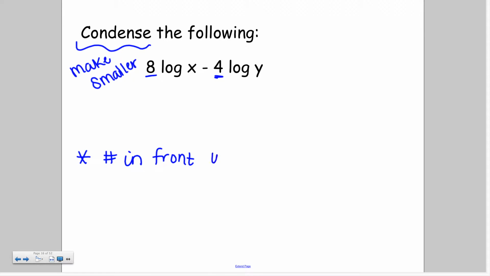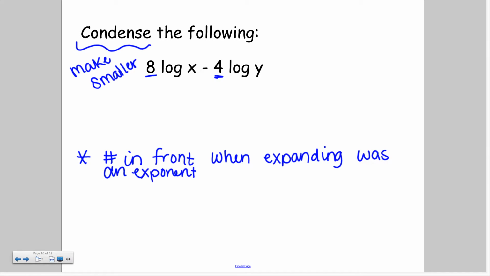When expanding, was an exponent. So that's our first thing that we need to remember. So that means that when we are condensing, it's going to go back to an exponent.